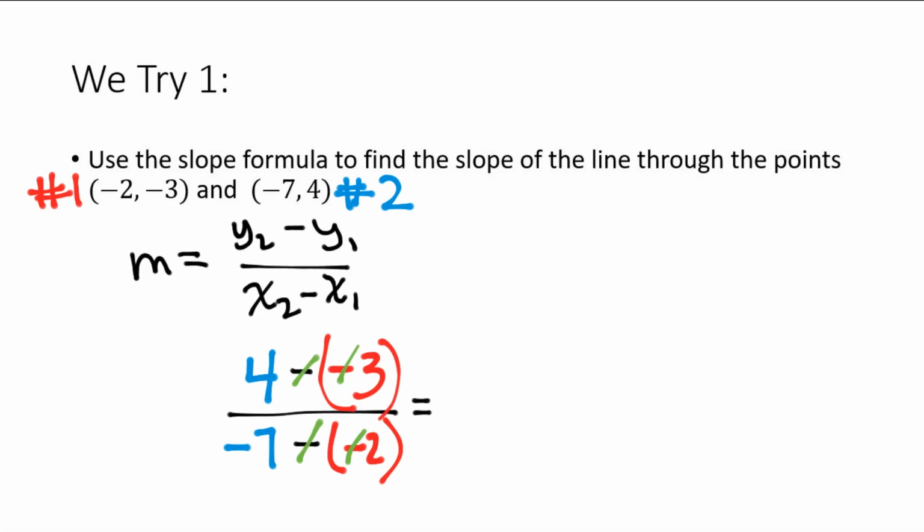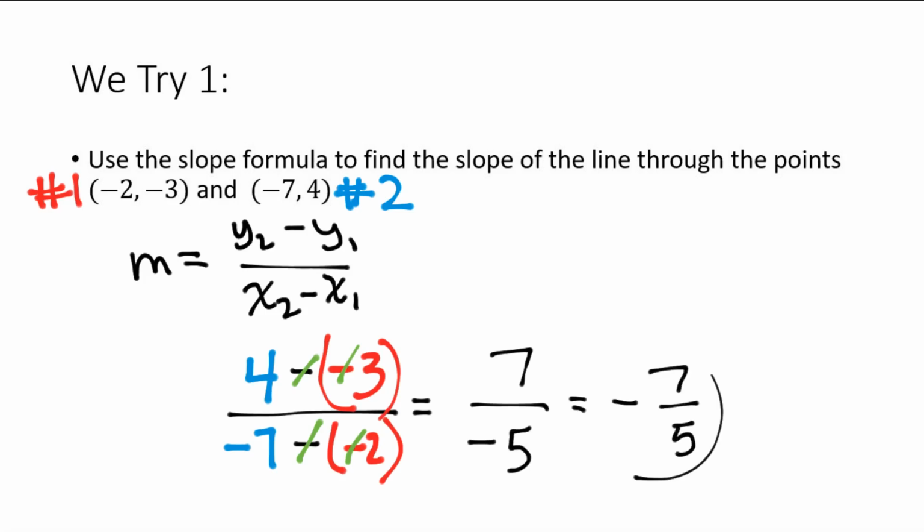And we're going to get 4 plus 3, which is equal to 7, over negative 7 plus 2, which is negative 5. So our slope here is negative 7/5.